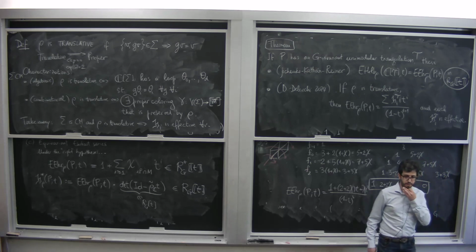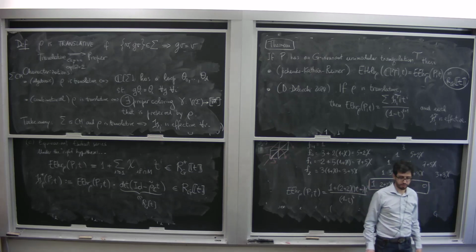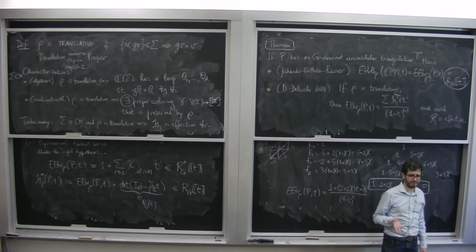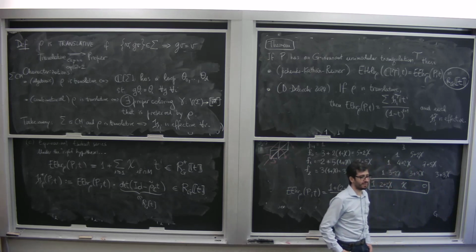I think it would have to do with expressing the class of the subvariety in equivariant K theory for that group. I don't know if anyone has done that. That sounds cool. I don't really know anything about equivariant K theory, so I'm not going to say I understand exactly what's going on, but I think no one has done that in the literature, at least not to my knowledge.